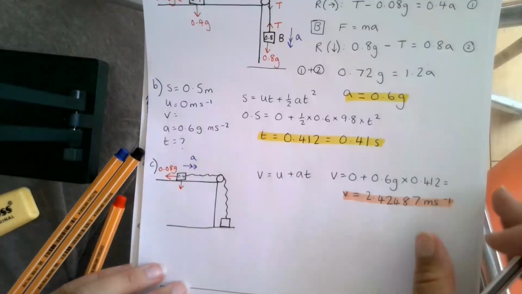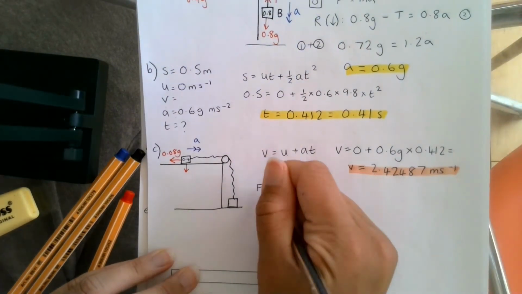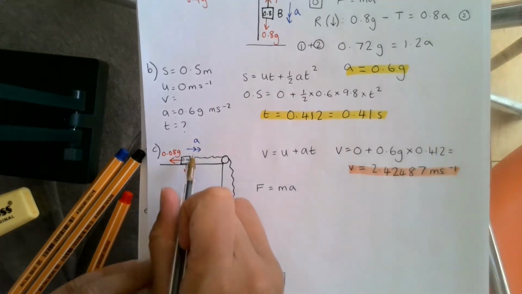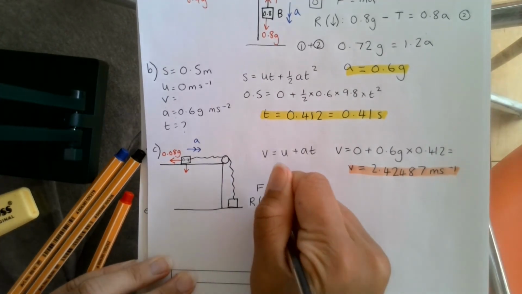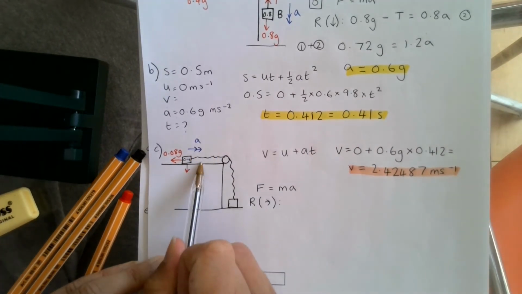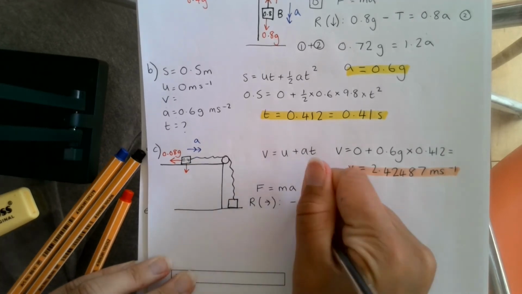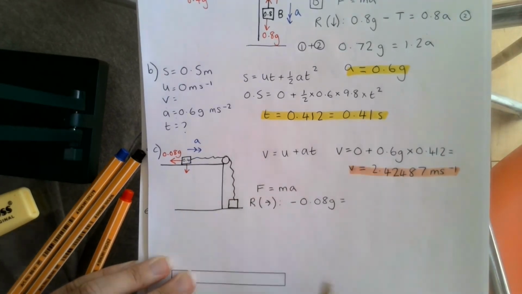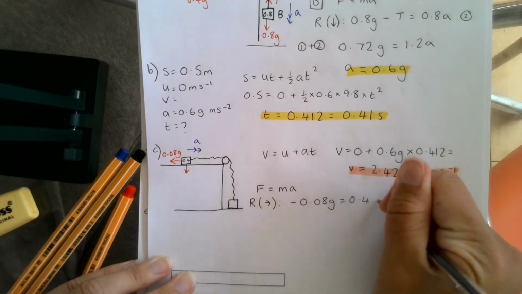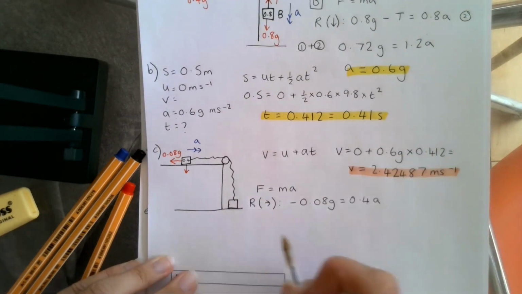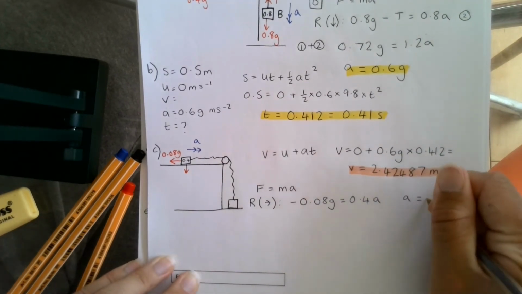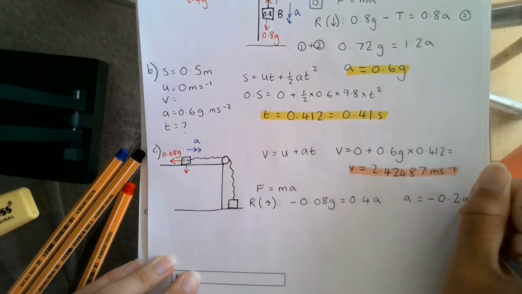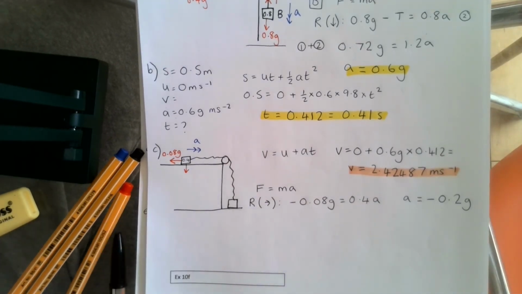Resultant force is equal to the mass times the acceleration. Acceleration is to the right, so I need to resolve to the right. There's no tension, so just minus 0.08g is equal to the mass 0.4 times the acceleration. Resolve that, and I get the acceleration is equal to minus 0.2g.